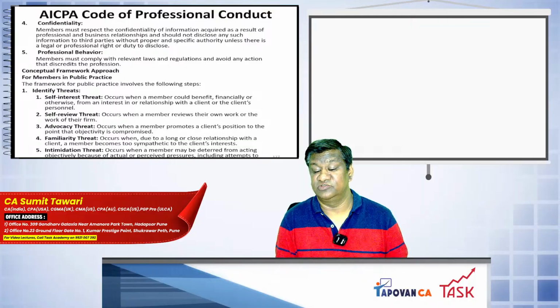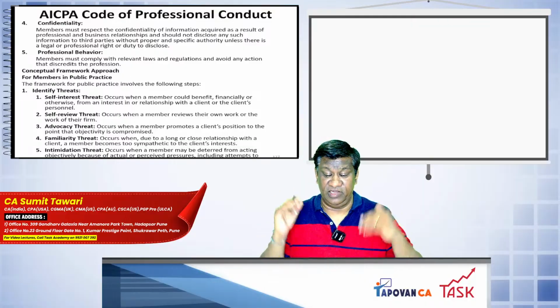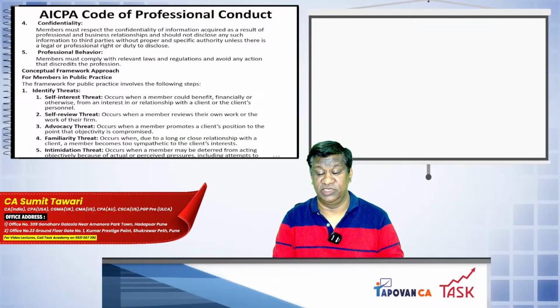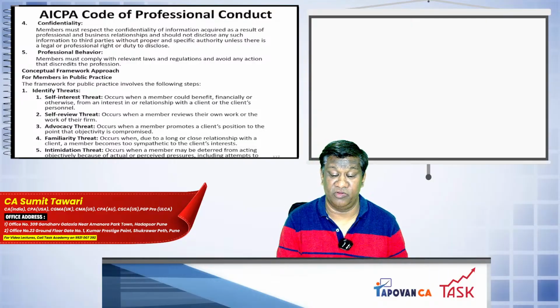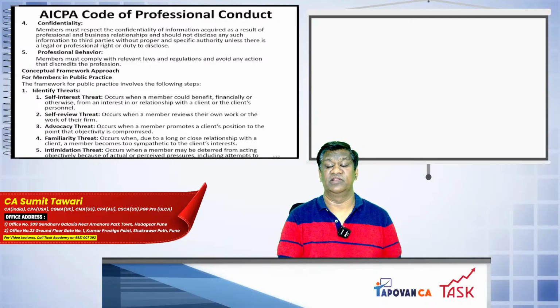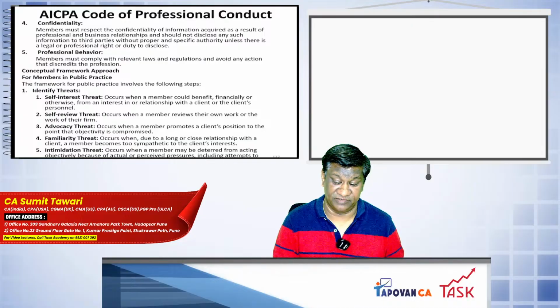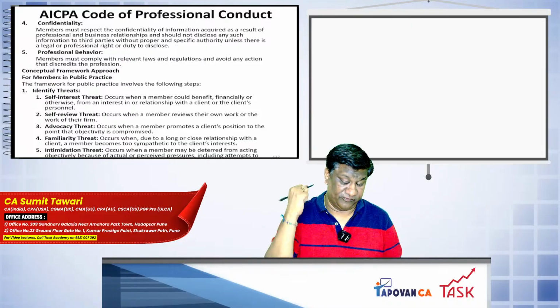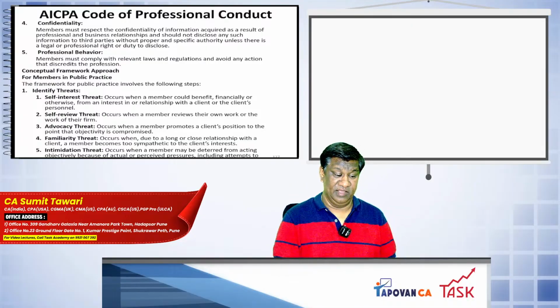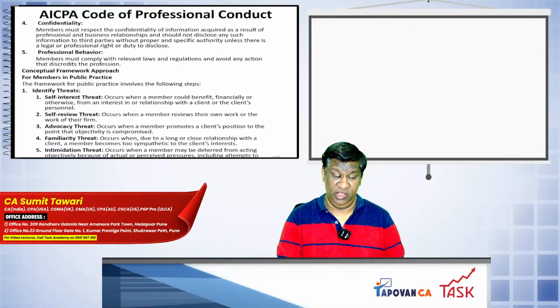So even though while doing the audit you are not associated with the organization, you are doing an audit for a period of 2025 when you were associated with this organization as a CFO. So that is also a kind of self-review threat. Of course independence also gets impaired, but besides that you are going to check your own work.